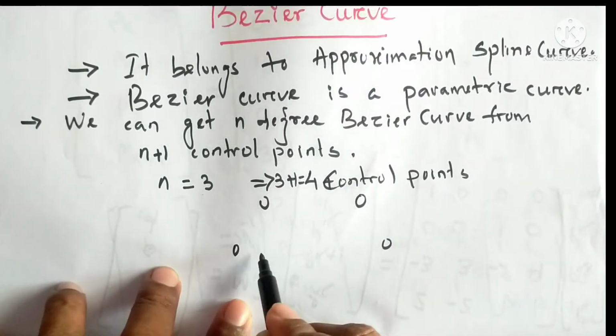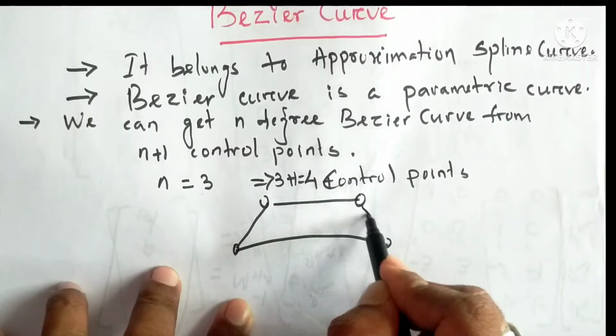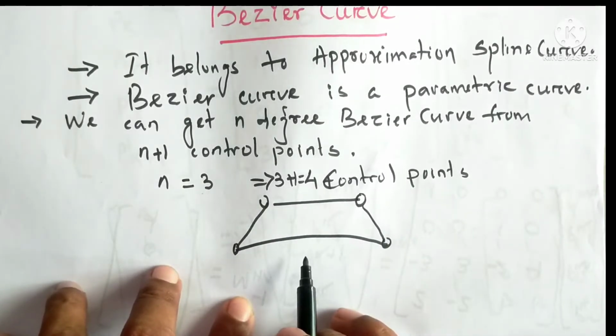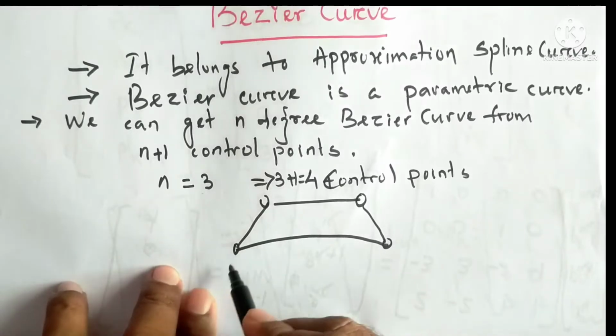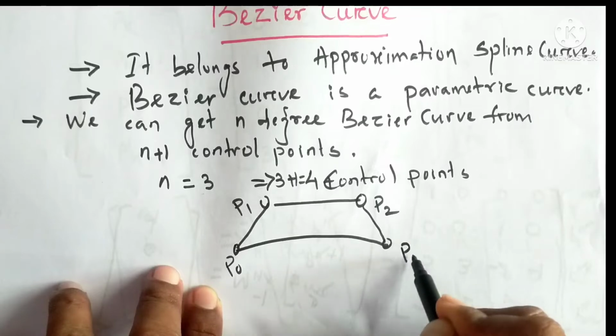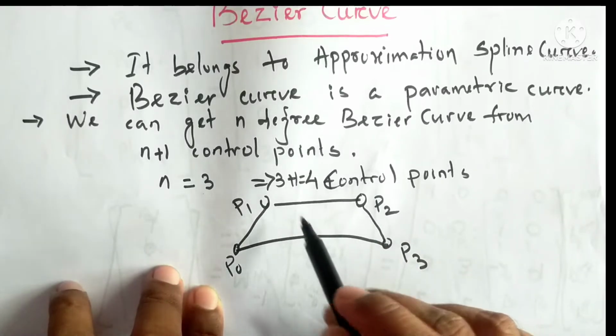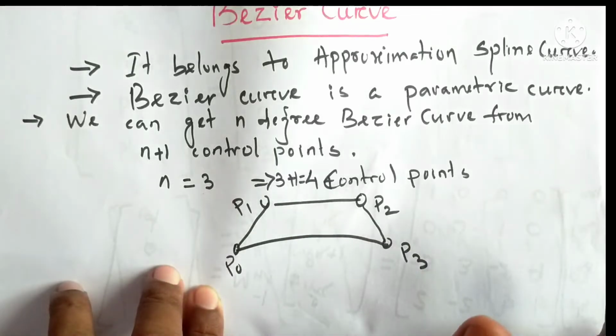We can find a Bezier curve by joining those control points. So 4 control points: this is P0, this is P1, this is P2, this is P3. Using 4 control points, we can create a cubic Bezier curve.